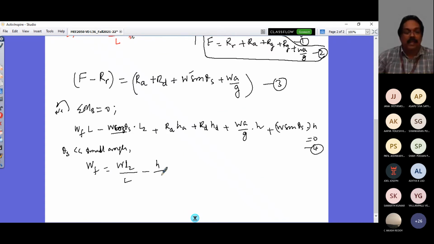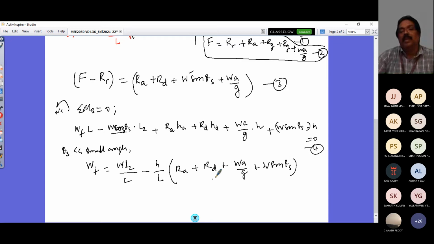This is minus, I take H by L out, and inside I'll have RA plus RD plus WA by G plus W sine theta S. The minus sign is because this goes to that side. You would immediately get that all of this is nothing but F minus RR. That is our equation number 3.